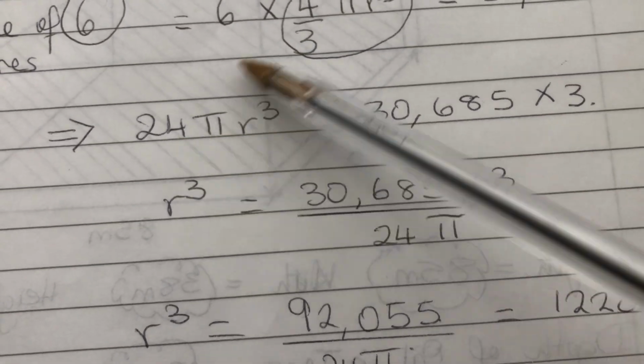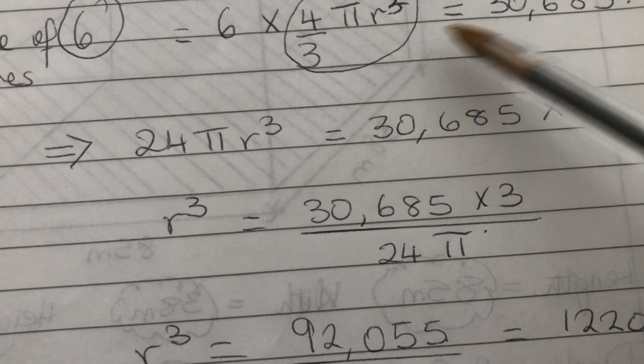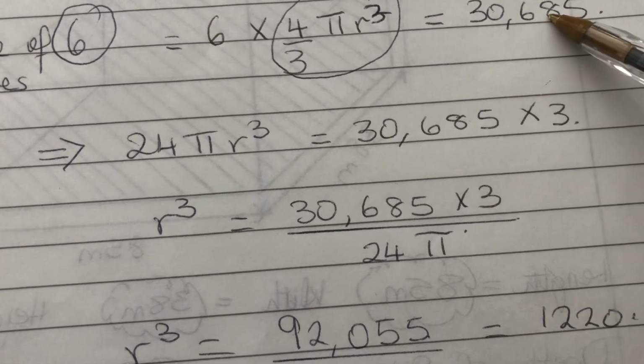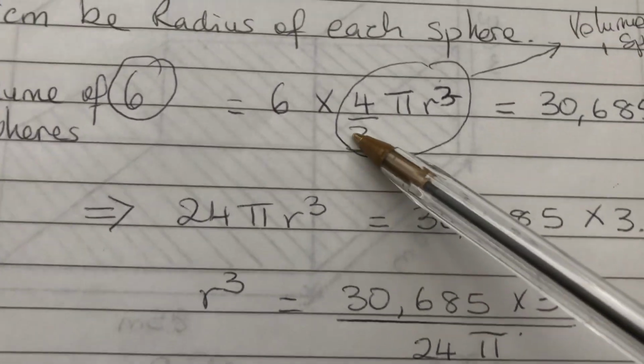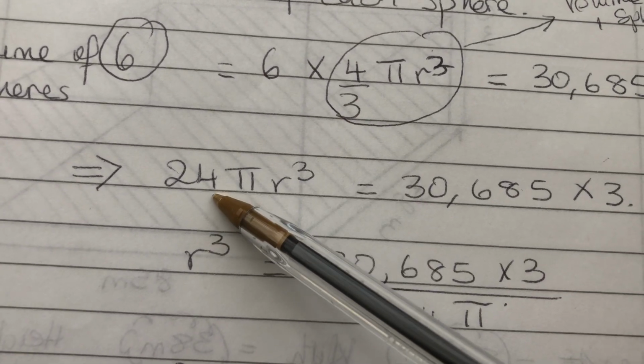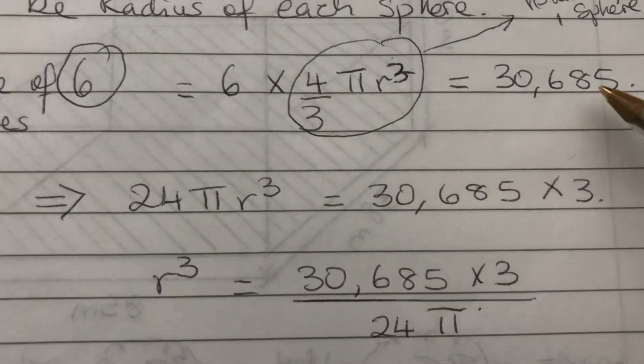So you have 24, you multiply both sides by 3 to get rid of this 3 here. The 3 will cancel this out.